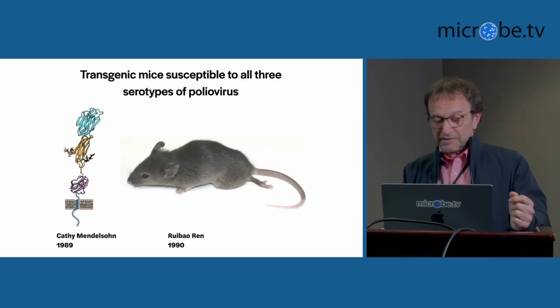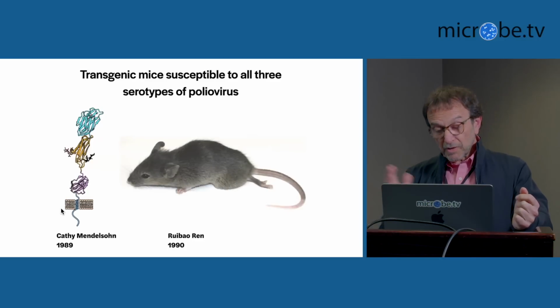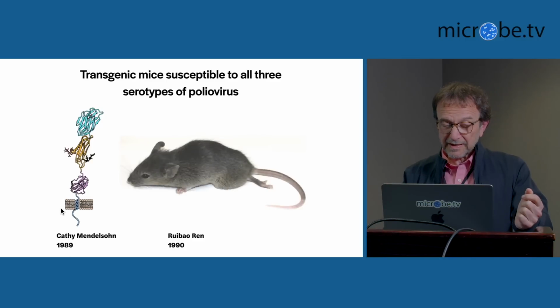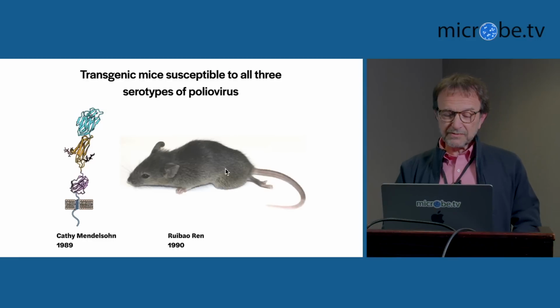After working with that virus for a number of years, we made a transgenic mouse model. Kathy Mendelson had identified the polio receptor in my lab, along with a collaboration with Eckhard Wimmer again. Rebal Ren, another graduate student, made transgenic mice producing that receptor. You've heard about them. They were the first transgenic animal model for a virus disease.